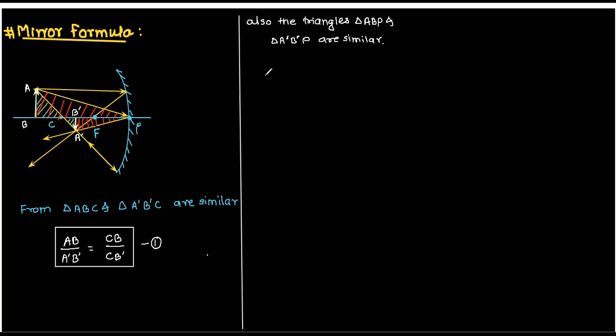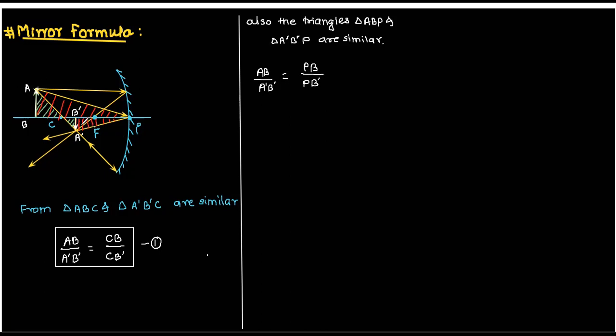from these two triangles, what can we take common, or what is the ratio we can take? So see here, can I write like this? AB divided by A dash B dash is equal to PB divided by PB dash. Can you see?